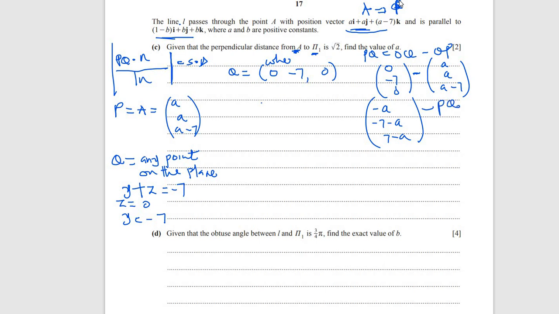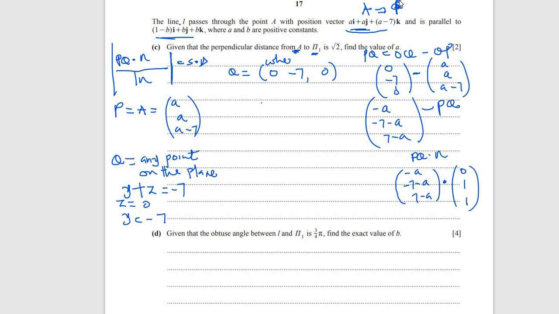The formula is PQ dot N. Our PQ is (minus A, minus 7 minus A, 7), dot N, the normal of the plane. The plane is y plus z, so the normal is (0, 1, 1).